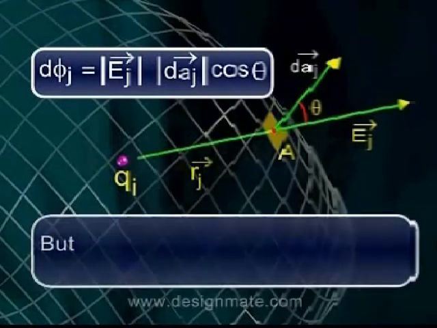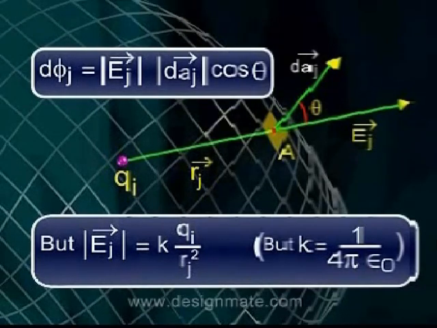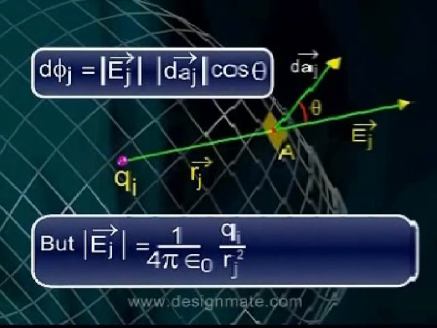But modulus of vector Ej is equal to k into Qi upon Rj square, that is equal to 1 upon 4 pi epsilon 0 into Qi upon Rj square.